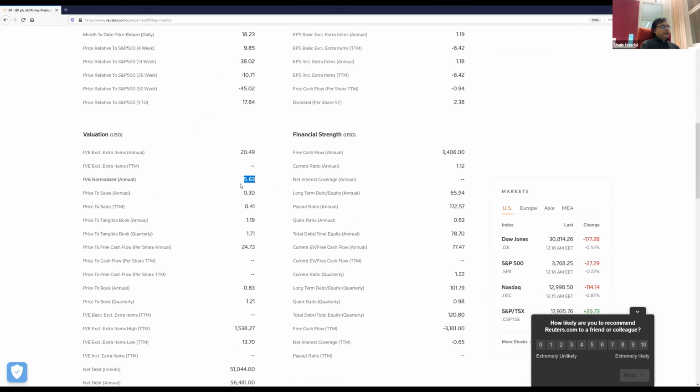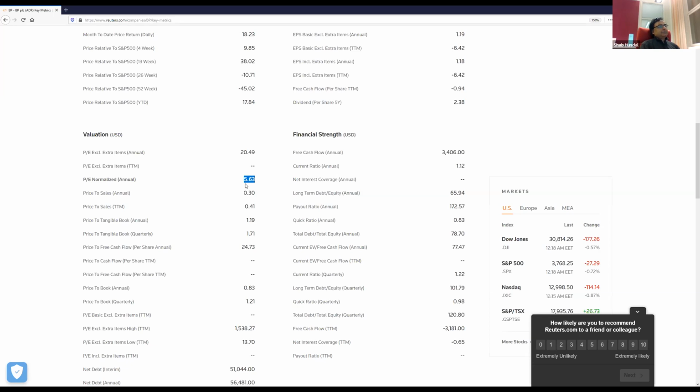And here we see that for BP PLC the price to earning ratio is 5.63, which basically means that the investors, on average, in order to get $1 of earning per share from the company, are prepared to invest $5.63.